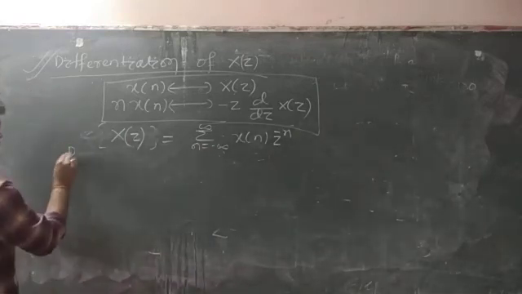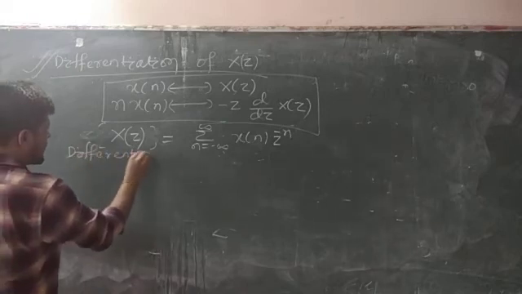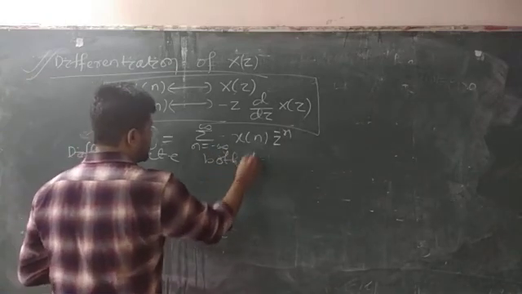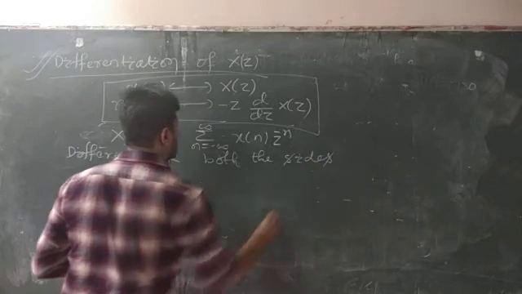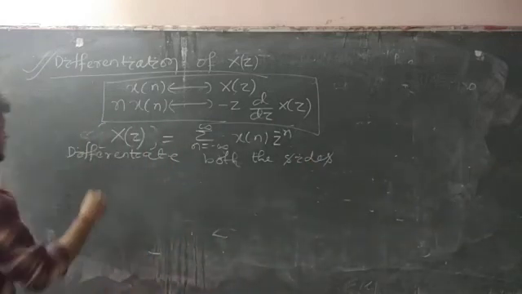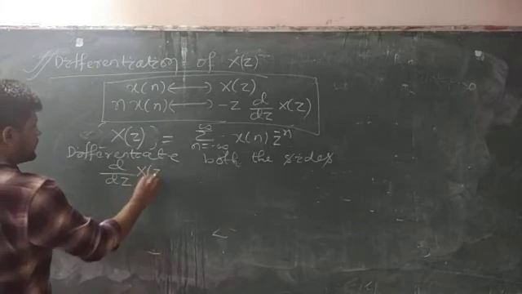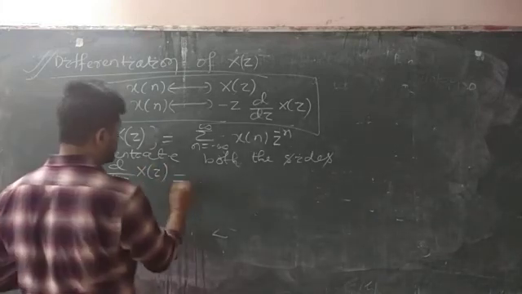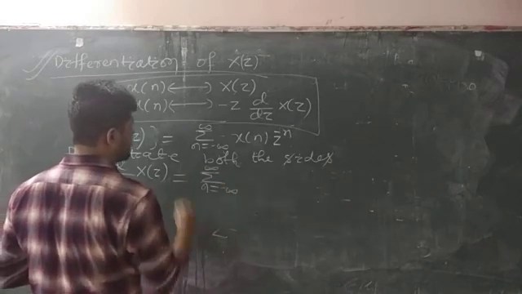Differentiating both sides, that will be d by dz of X(z), which is nothing but the summation of n equal to minus infinity to infinity.